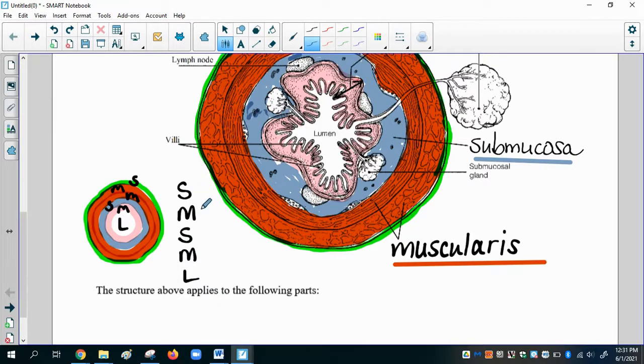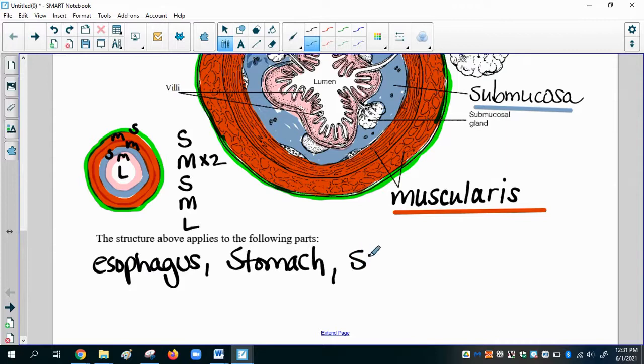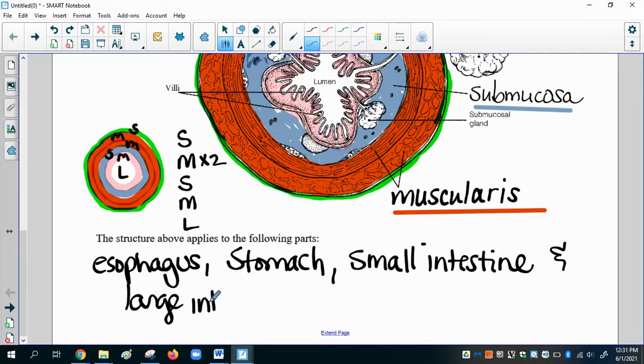Serosa, muscularis times 2, or 3 if you're in the stomach, submucosa, mucosa, and then we get to the lumen, which is the space where the food is. So this tubular structure with these layers applies to the esophagus, the stomach, all parts of the small intestine, and all parts of the large intestine. They all have the same basic setup.